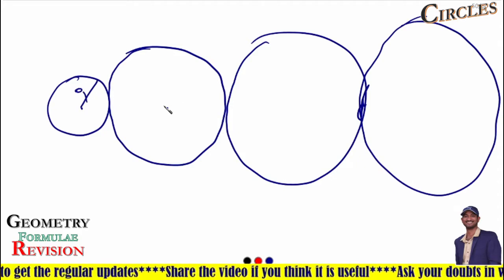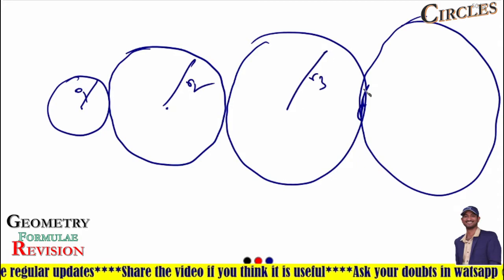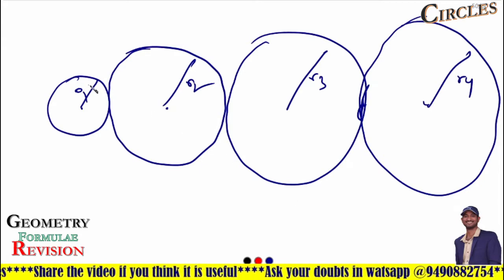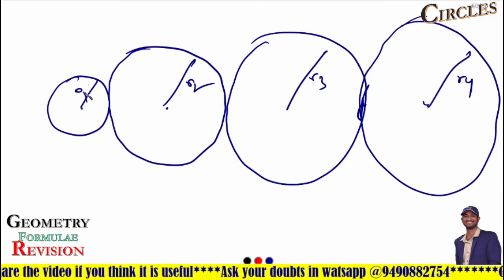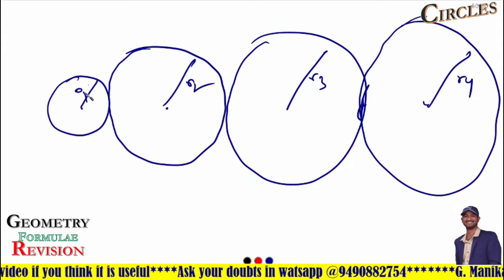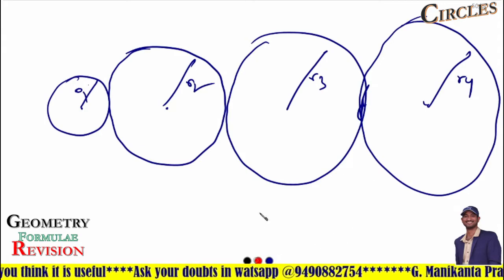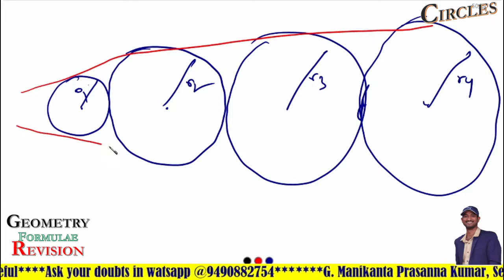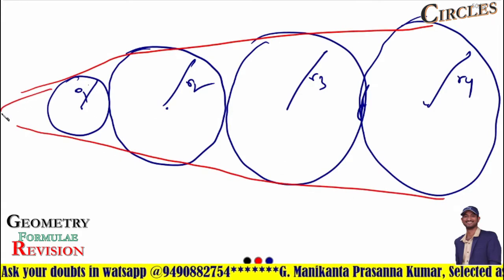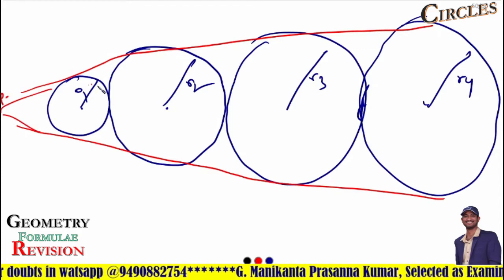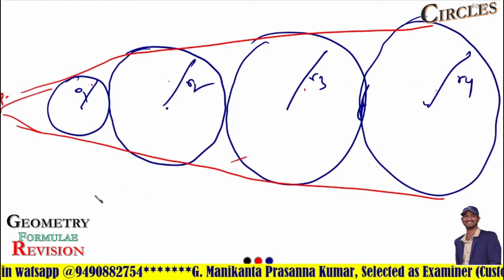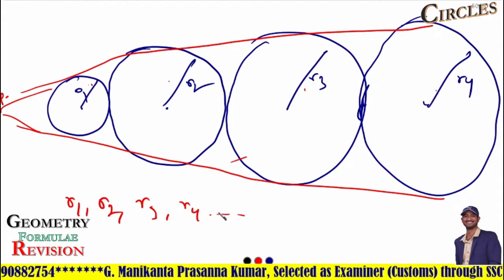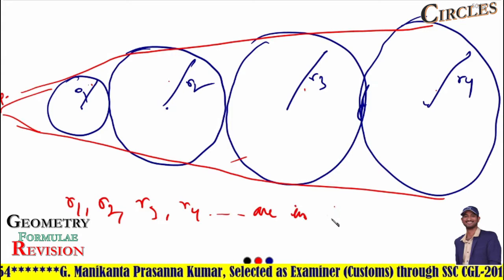So if the radii are R1, R2, R3 and R4, then the circles touch each other like this, and all direct common tangents intersect at some point P. Then R1, R2, R3, R4 and so on are in geometric progression.